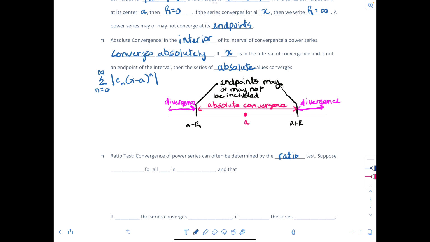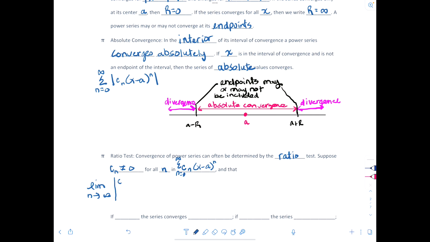So suppose that c sub n, that sequence that's a coefficient to the (x minus a) to the n term, is not equal to 0 for all n in the summation as n goes from 0 to infinity of c sub n times (x minus a) to the n, and that the limit as n approaches infinity of the absolute value of the ratio of the n plus first term to the nth term.